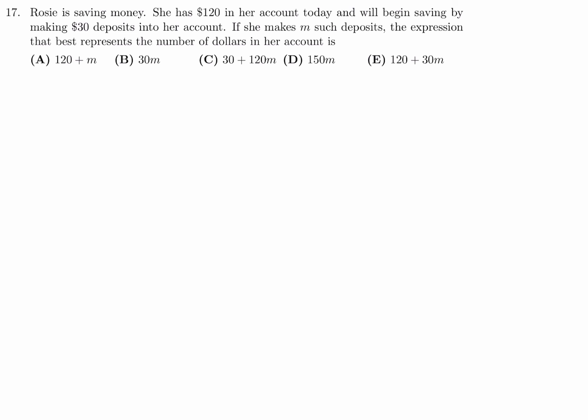Rosie is saving money. She has $120 in her account today and will begin saving by making $30 deposits into her account. If she makes M such deposits, the expression that best represents the number of dollars in her account is... She starts with 120 and she's making $30 deposits, but she's making M of those.